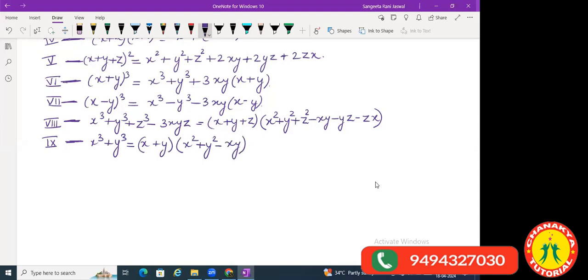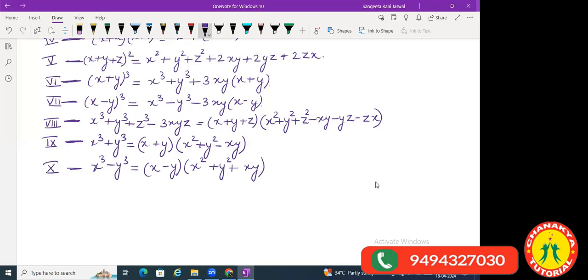Then your 10th and last identity is x cube minus y cube is equal to x minus y into x square plus y square plus xy.